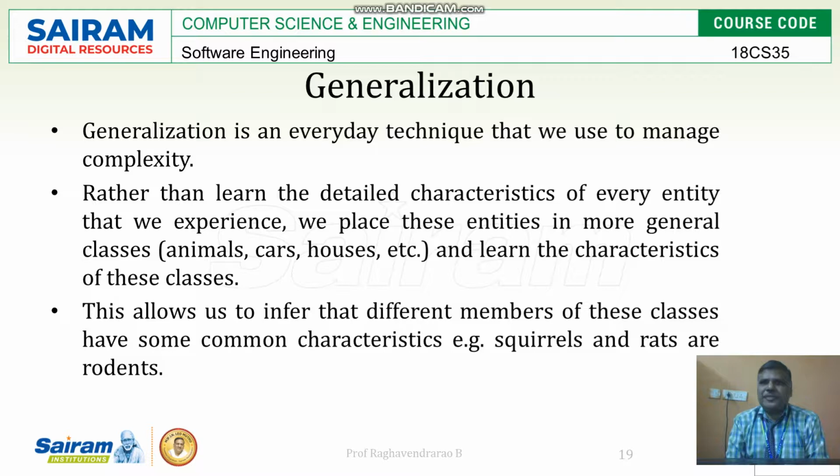The basic concept of generalization is that every entity that we experience, we place in more general classes: animals, cars, houses, etc. These things are going to be categorized in such a way that each and every class can be called with particular names, so that they will get the proper information. By doing this, the generalization of the system is going to be easy to access.